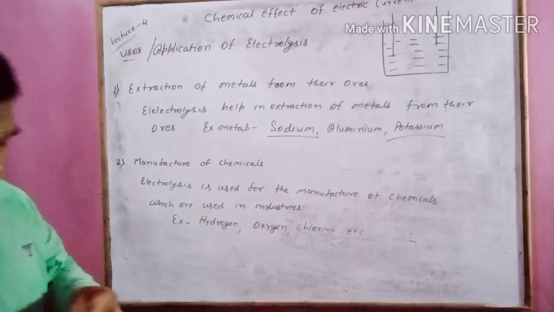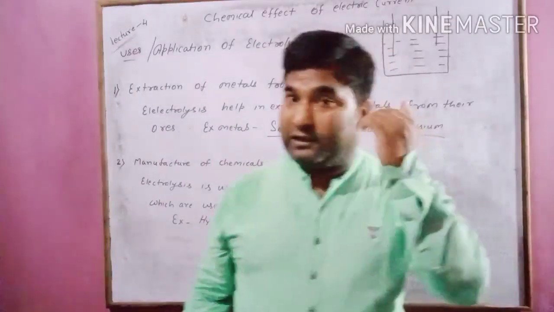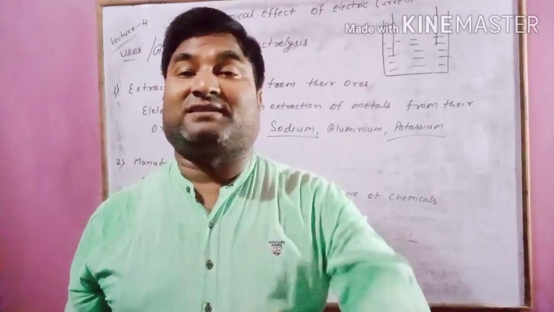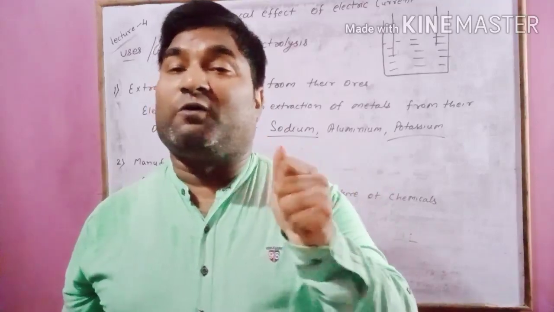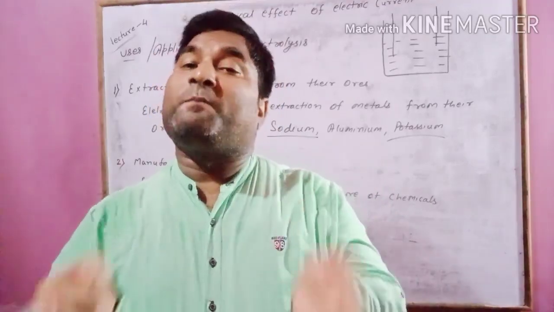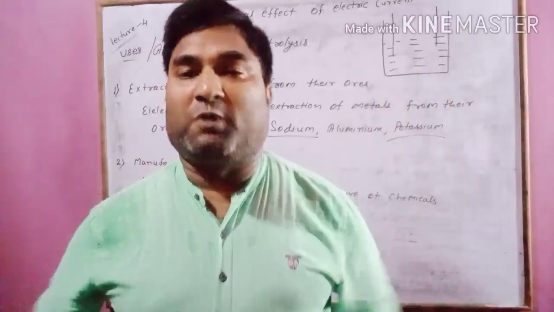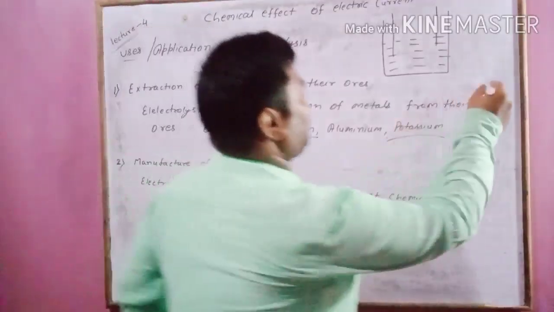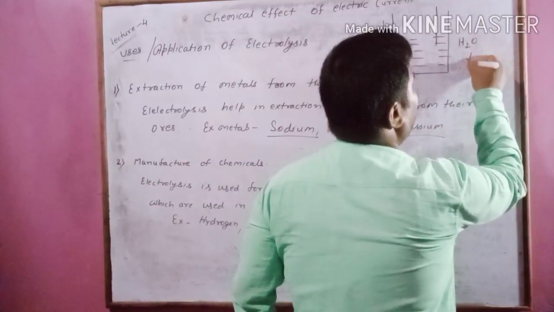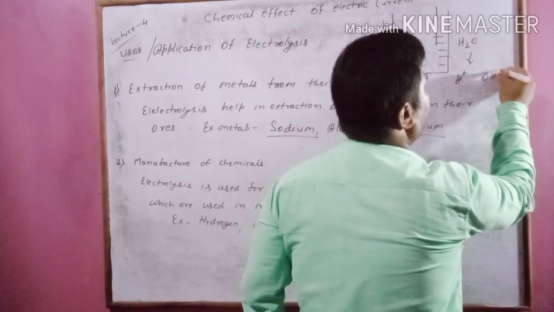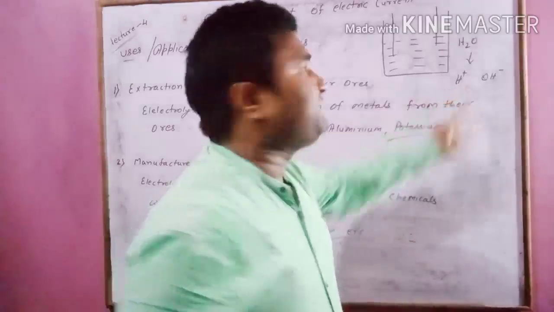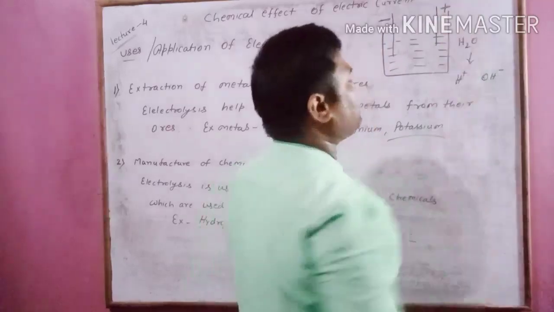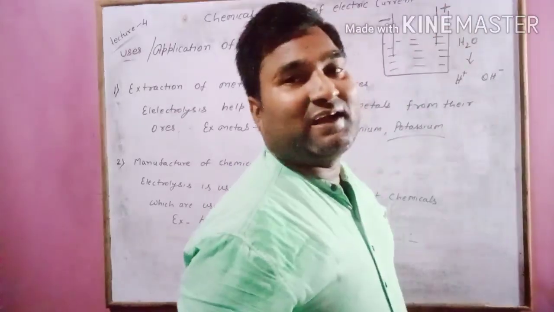If you remember, during the video lecture or during the live class I told you about hydrolysis of water, means water also breaks when electricity passes through it, into hydrogen and oxygen. So if I take H2O, this will break into H plus and OH minus. H plus, being positively charged, will get attracted to the cathode, and OH minus, being negatively charged, will get attracted towards the anode.